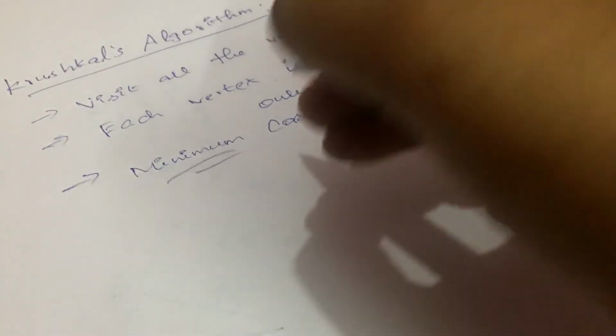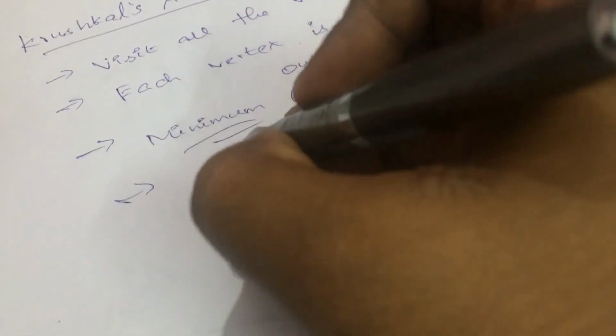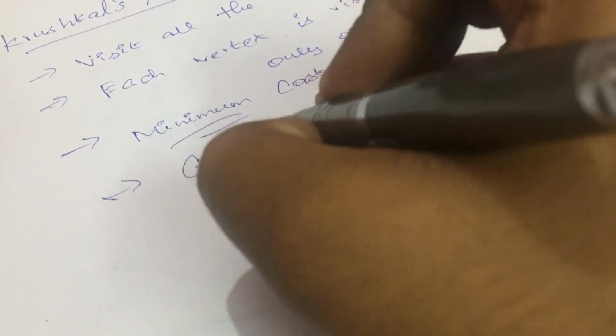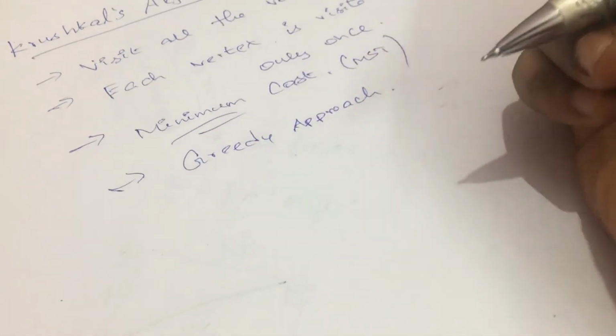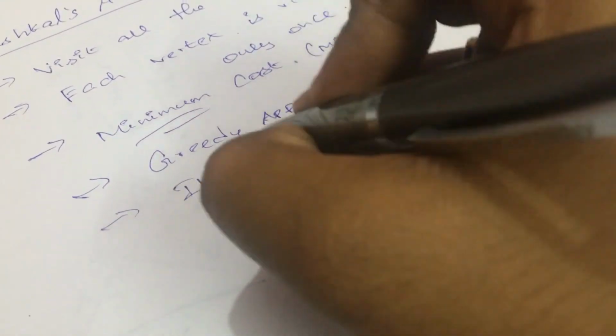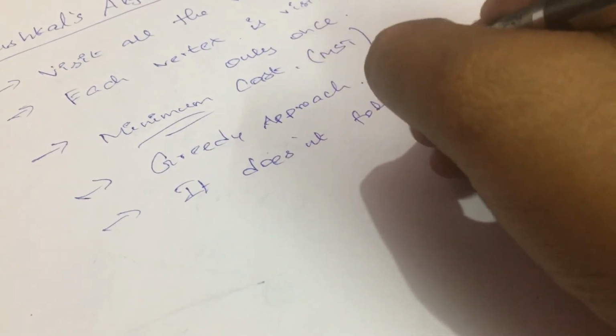Next, it gives us the minimum cost required for finding the path. It also follows a greedy technique, or greedy approach. And the most important thing is it doesn't allow cycle formation.